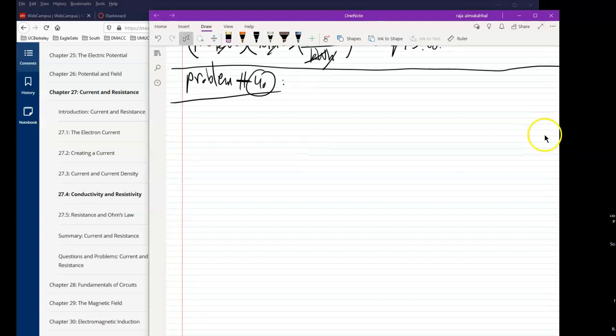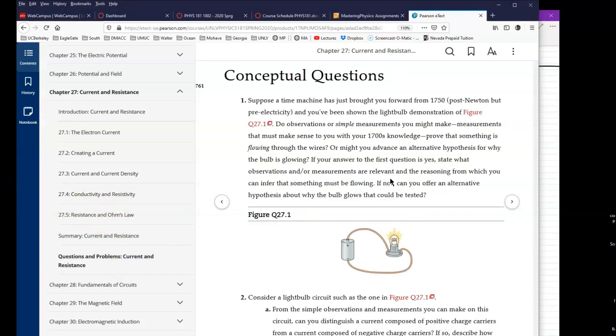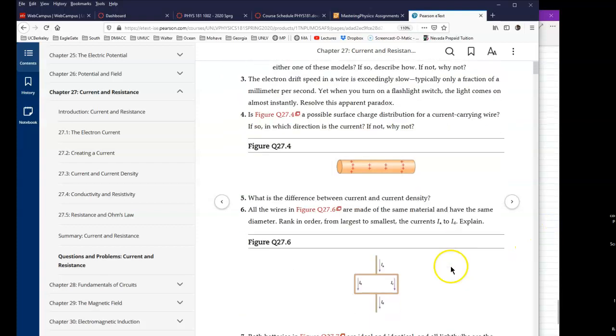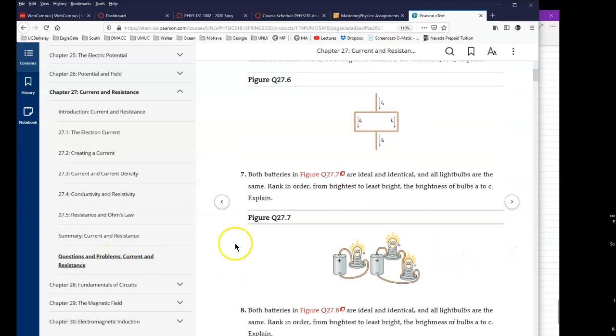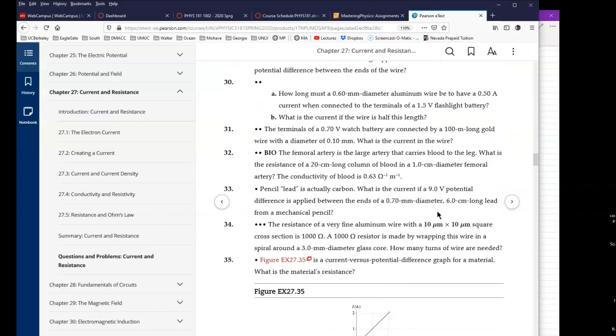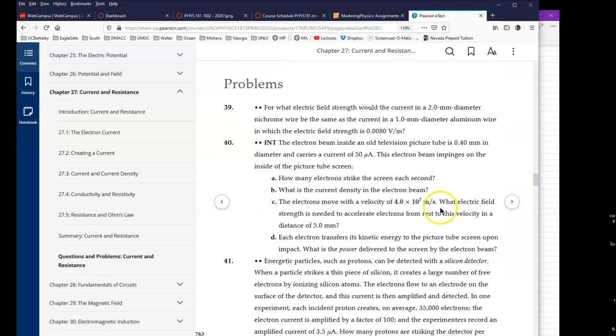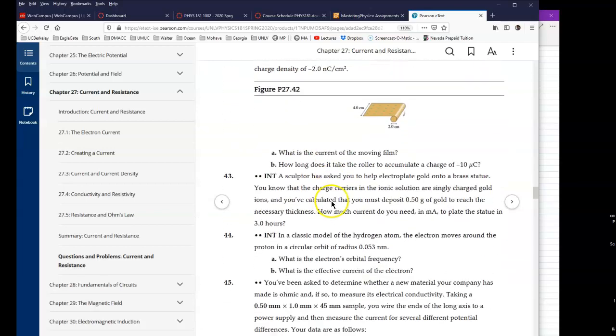Maybe I should show you in the book where they are. There we go. Number 40, right there. We got to do 40 and 43 about the sculptor.